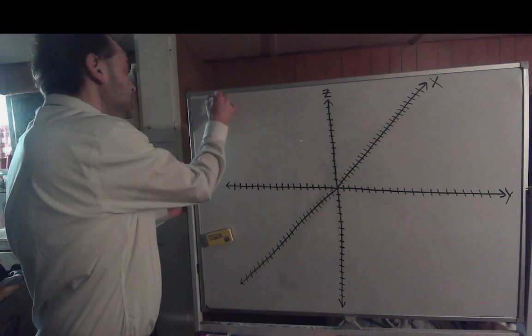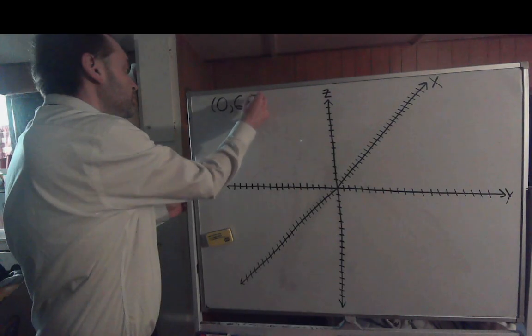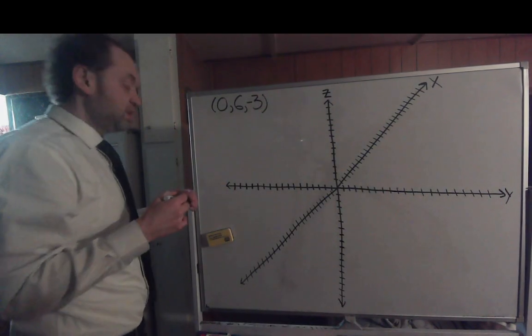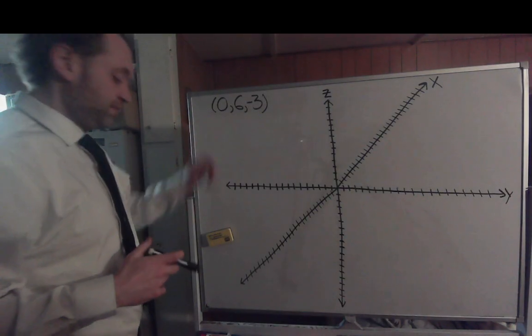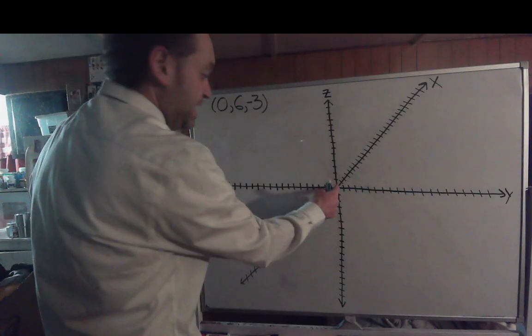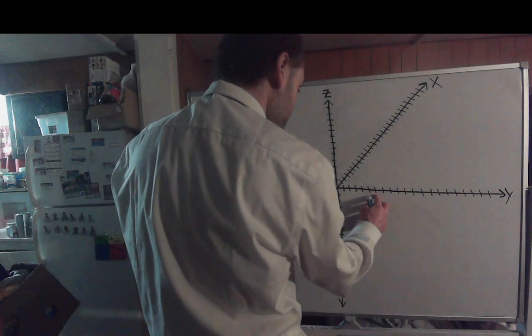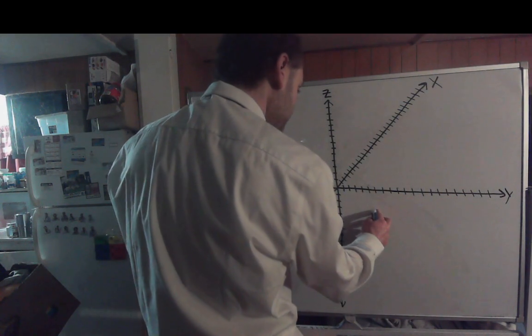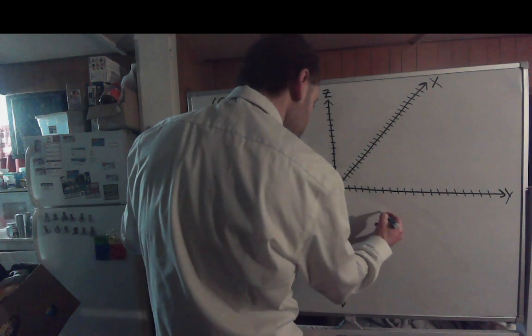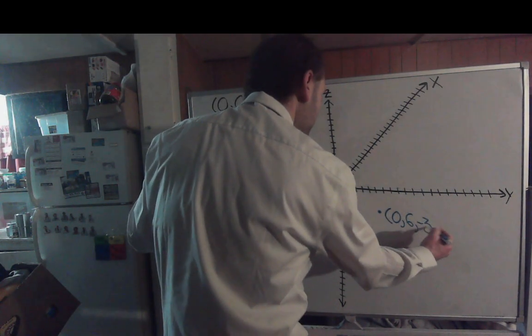How about (0, 6, -3)? So we'll plot (0, 6, -3). So you're over 0 in the x, but you're over 6 in the y, which would be right here, and -3 in the z, which would put you right about there at (0, 6, -3).